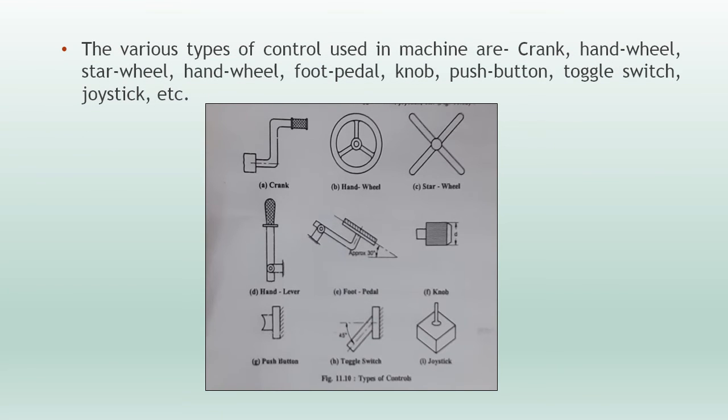In this figure you can see the types of controls. The various types of controls used in machines are crank, hand wheels, star wheel, foot pedal, knob, push button, toggle switch, joysticks, and others.